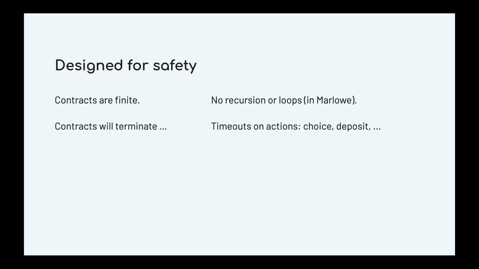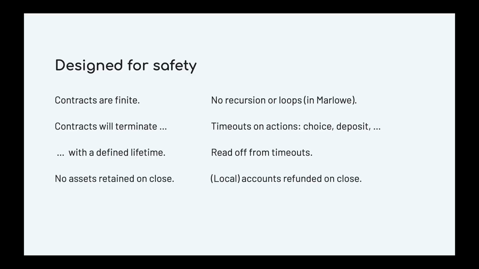And reading from a contract, because we have these timeouts in the contract, each Marlowe contract will have a defined lifetime. We can read that off from the timeouts. So we have a very clear constraint on what we can do, but that gives us safety built in. And finally, we've designed the semantics of the language so that when a contract reaches its close at the end of its lifetime, any money left in the contract will be refunded to participants.